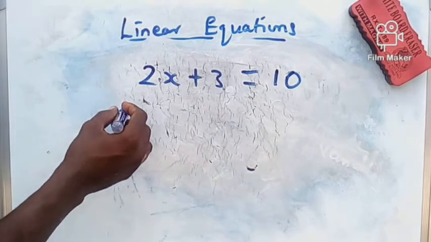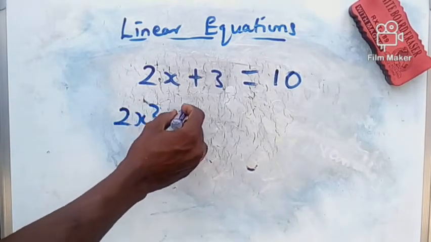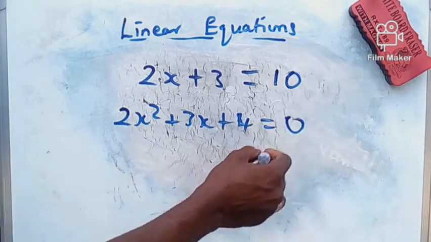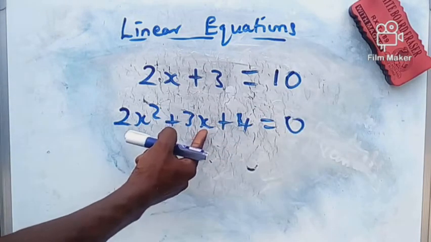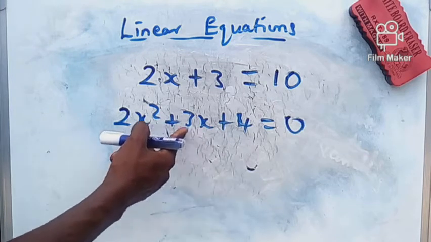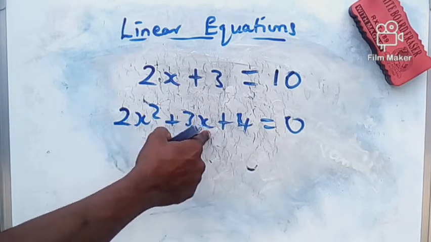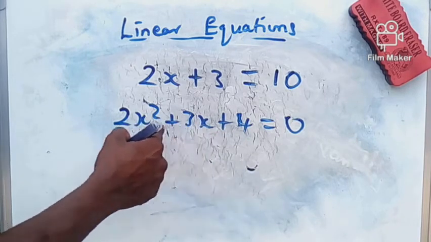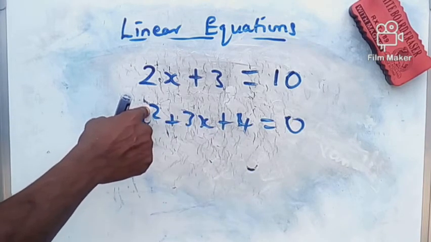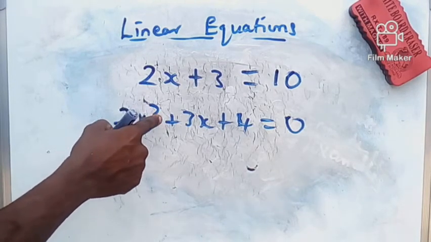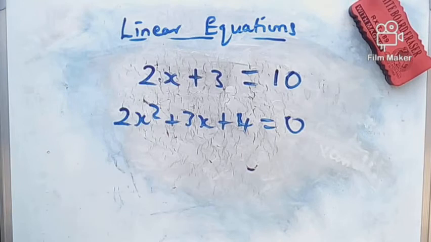An example is when you have something like this: 2x squared plus 3x plus 4 equal to 0. Indeed, the variable is the same thing, x and x, but the order or the degree, the highest power of x here, is 2. And this highest power of x, which is 2, exceeds the rule of what? Linear equations.